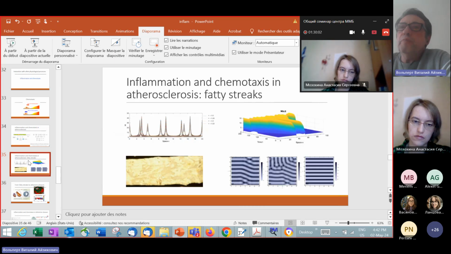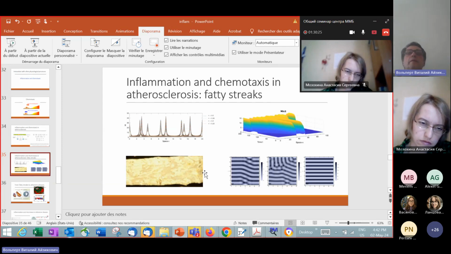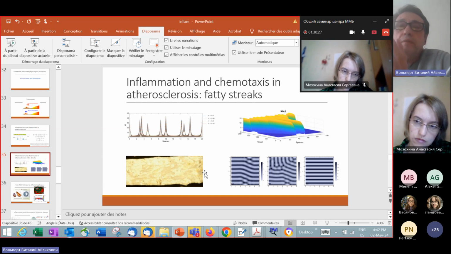The beginning of plaque formation is called fatty streak. It appears everywhere on the internal surface of the artery. And there are experiments which show, so here in this photo, it's not very clear, but these yellow things are fatty streaks. And there are experiments on mice, very precise. They put mice on what is called a fat diet.